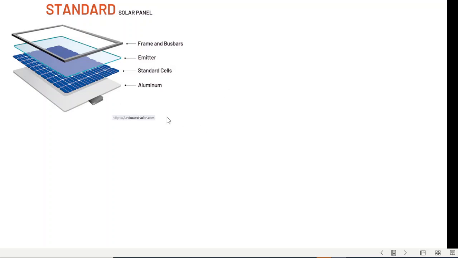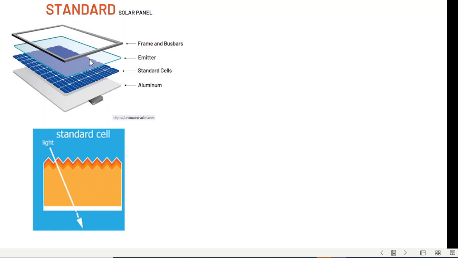So this was the early days solar panel. How does light produce electricity? The light enters from here and touches the solar cells, and the solar cells produce electricity, and the remaining light just passes through and goes to the bottom sheet. So this is how the standard solar cell works.